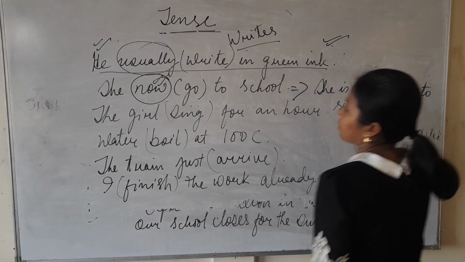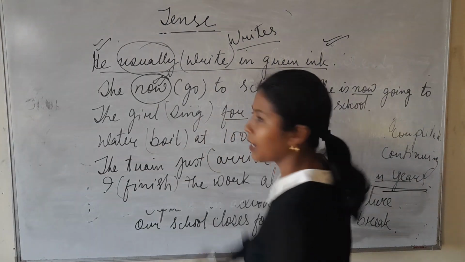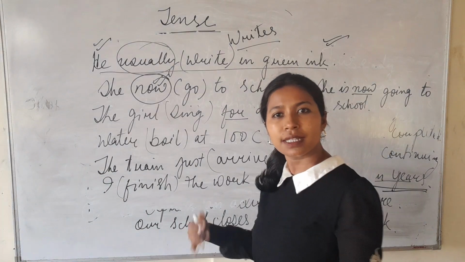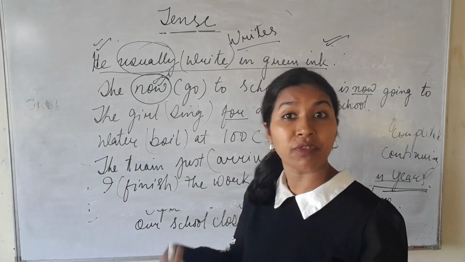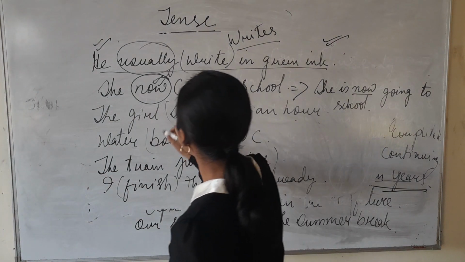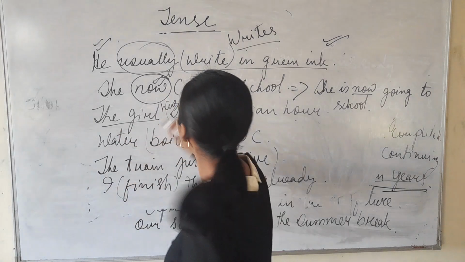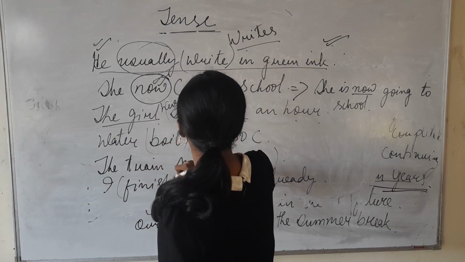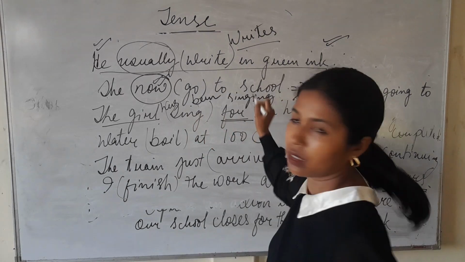Next, we have: the girl sing for an hour. For is there. Since and for come in present perfect, past perfect, future perfect, or perfect continuous. So you can say: the girl has been singing for an hour.